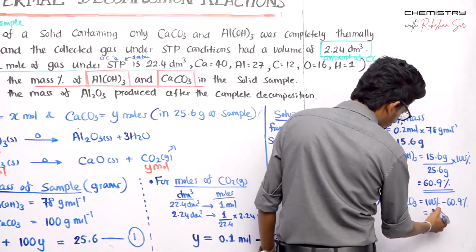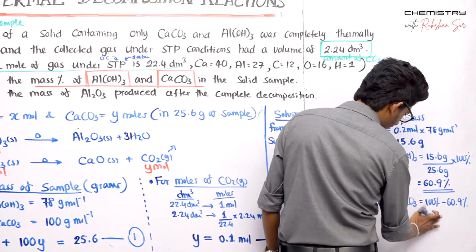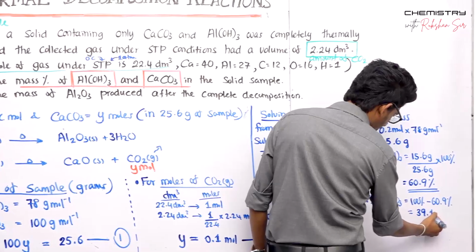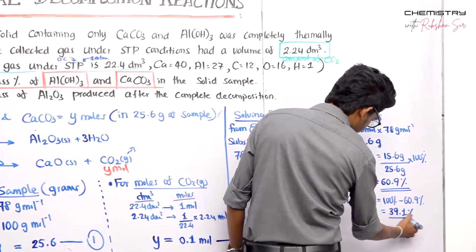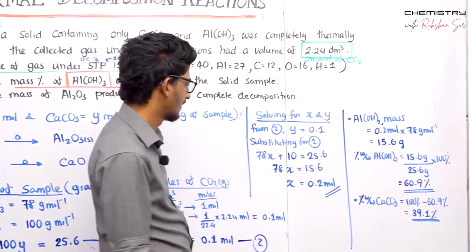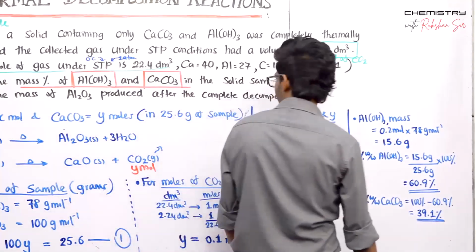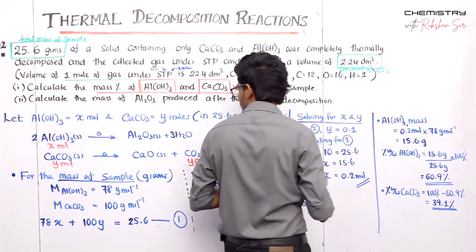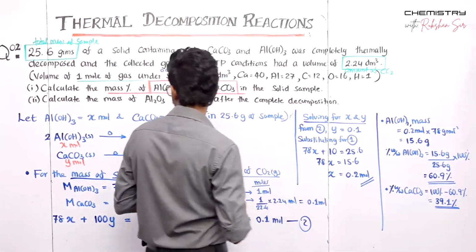It is going to be almost 39.1. Those are the solutions for Roman number 1 of your question.